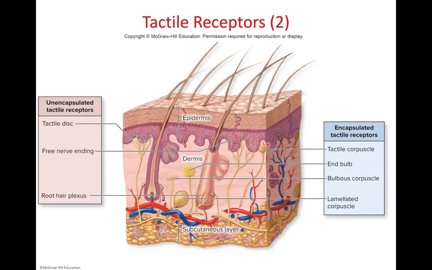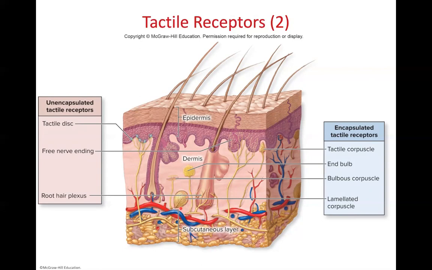Encapsulated tactile receptors include a tactile corpuscle, and this should look familiar up here in the dermal papillae. So we called it a Meissner's corpuscle or a tactile corpuscle. Another one that we have seen before is this lamellated corpuscle or Pacinian corpuscle down here right above the subcutaneous layer.